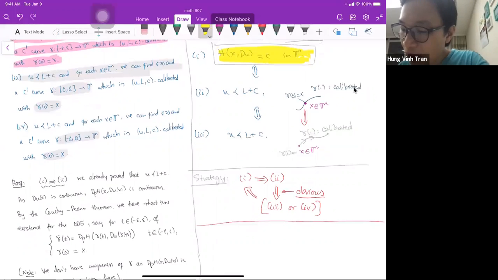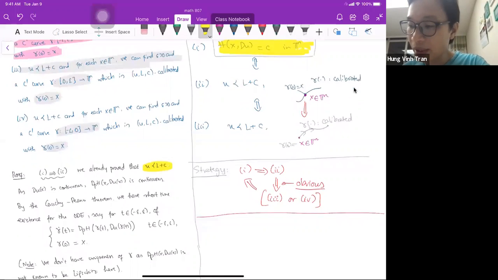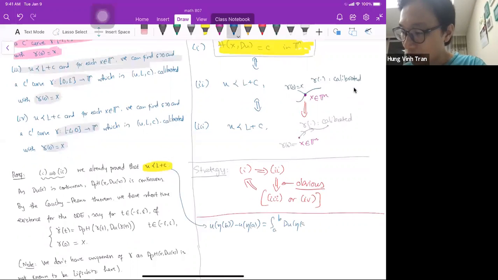I believe we already proved that if U is a C1 solution, then U is dominated by L plus C. But if you need a quick proof, you can just recall U of eta B minus U of eta A. Because U is C1, this is the integral from A to B of du of eta S dot eta dot of S ds, by the fundamental theorem of calculus.